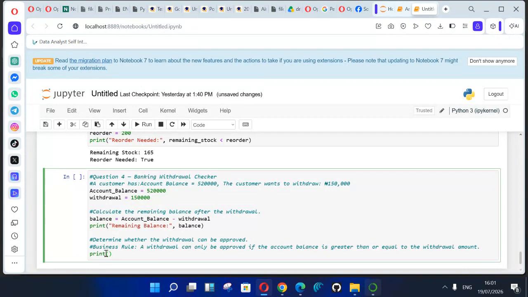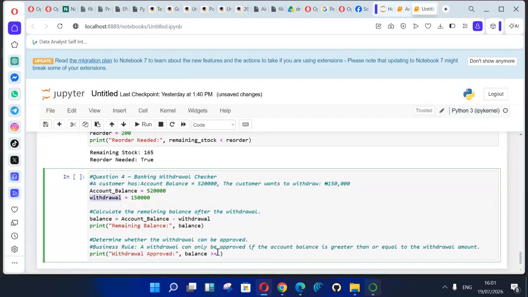Print and withdrawal approved. And withdrawal can be approved only if the balance is greater than the withdrawal. Yeah, greater or equals to the withdrawal.